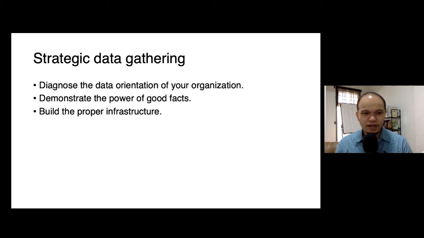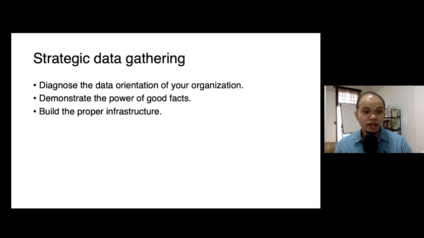So if you're very indiscriminate with your data gathering, then you might pick up some data that's really useless, that's not going to be useful. So you just end up wasting time. Having some sort of strategic data gathering helps you be more effective and more efficient in really understanding your data requirements.